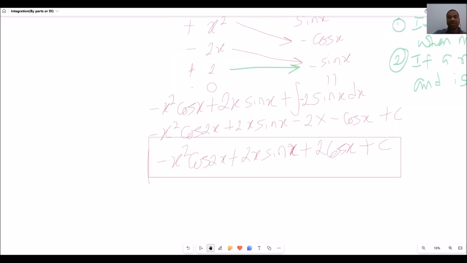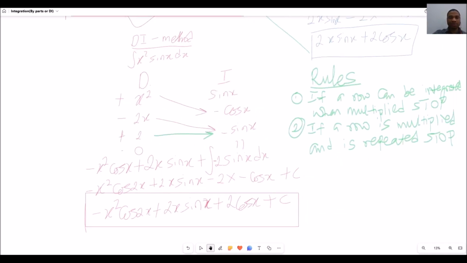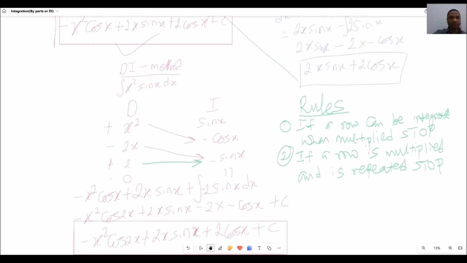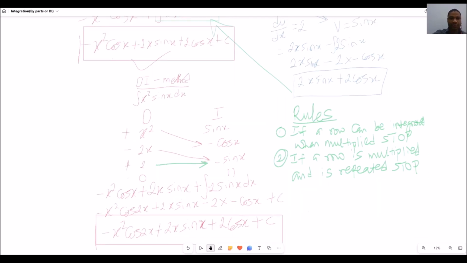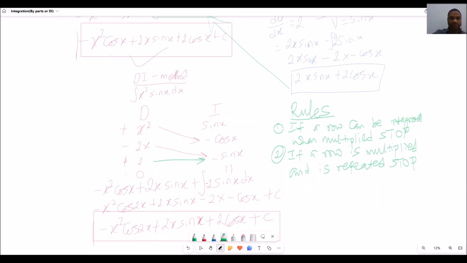Now let's check if it's the same thing as what we got before. Let's compare these two values. So x squared cos x.